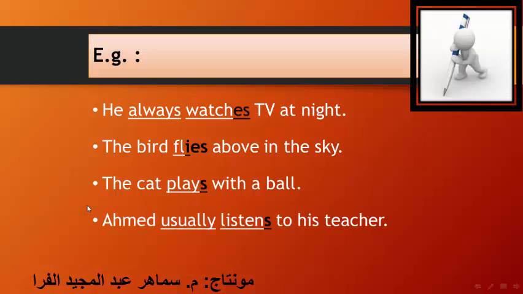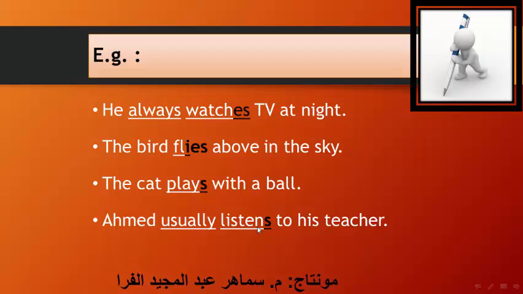The last one, Ahmad usually listens to his teacher. What about the verb listen? Good, we directly put S after the verb, and so here we cannot change with IES or ES.